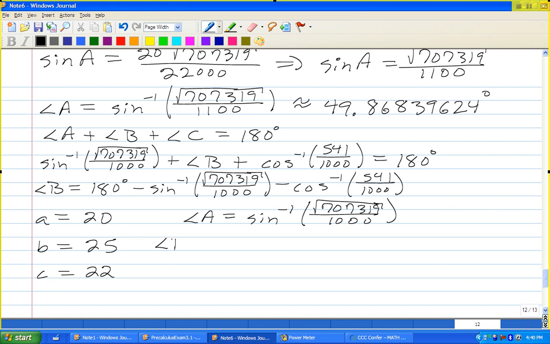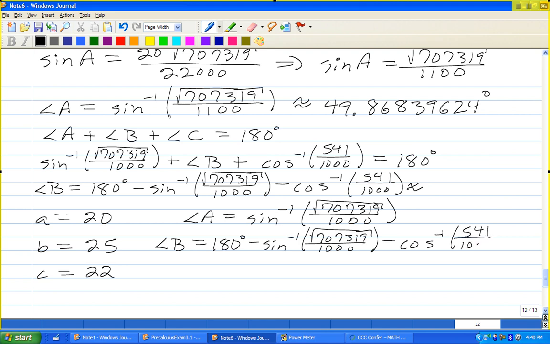B is 180 minus inverse sine radical 707,319 over 1,000 minus cosine inverse 541 over 1,000. Oh, I never said what that was approximately.